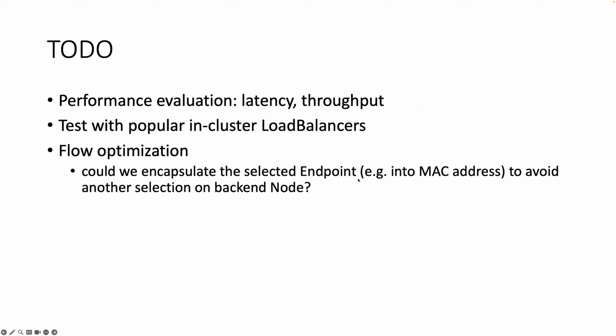And I have tested it with Antrea service external IP. It basically works, and I also plan to test it with other popular in-cluster load balancers like MetalLB to see if there is any gap between the implementations.